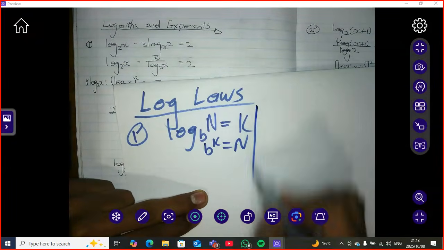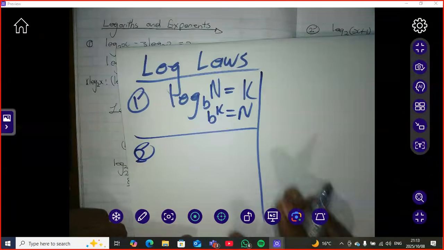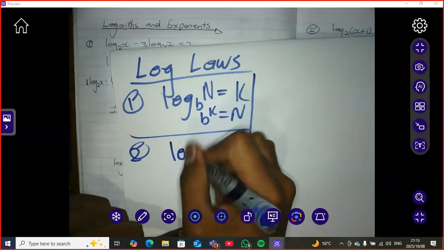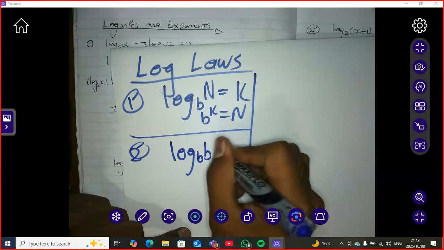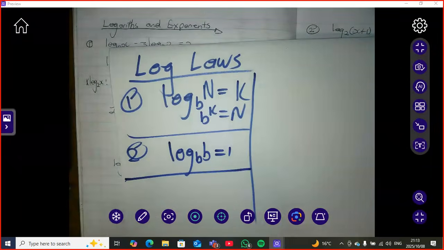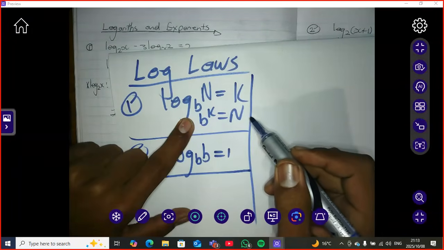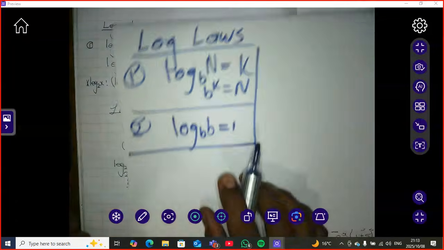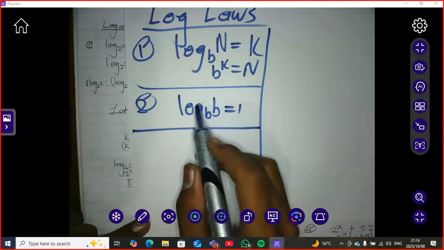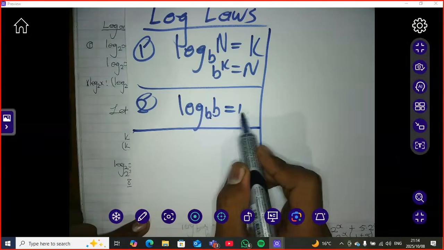Okay, number two. This one, yes. The first one, yes. The others, I'm not too sure. So this one is saying anything that has the number and the base the same is equal to 1.